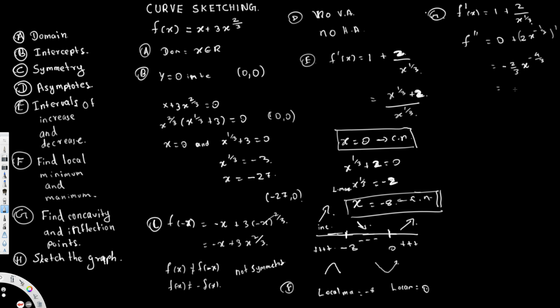Therefore we can write this as minus 2 by 3 x to the power 4 by 3. So this is how the value comes out to be.